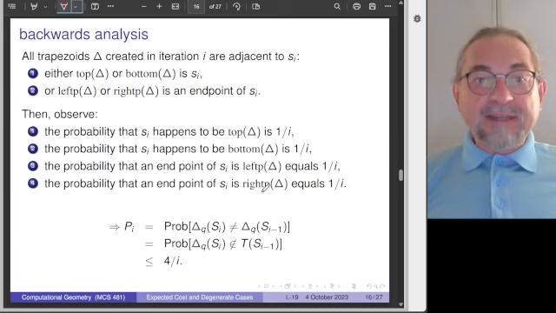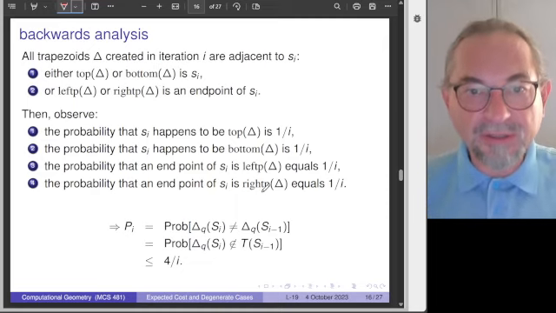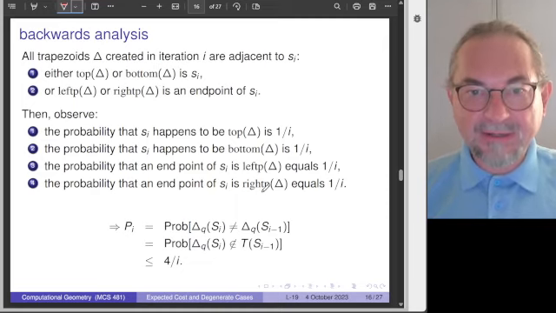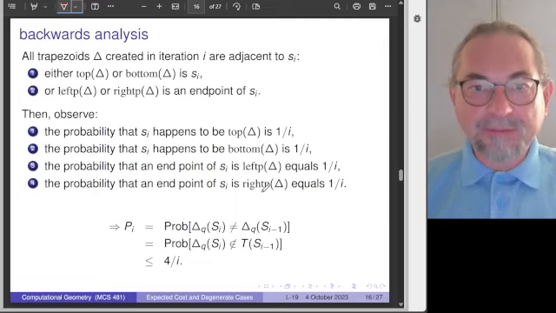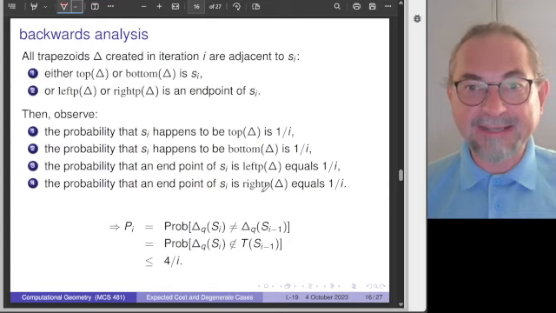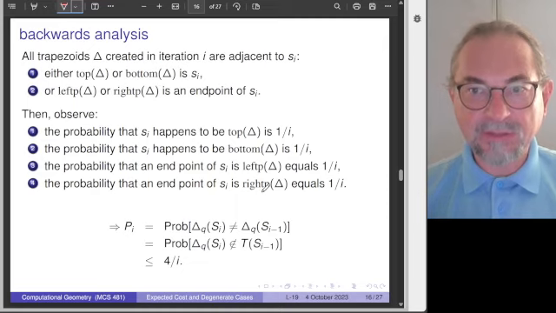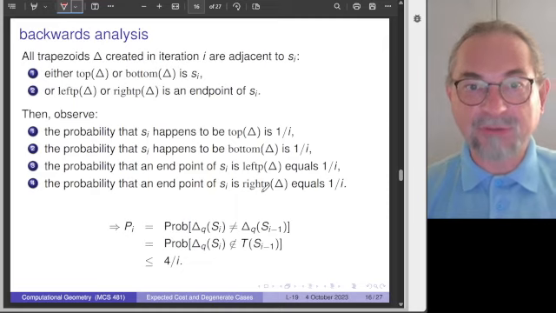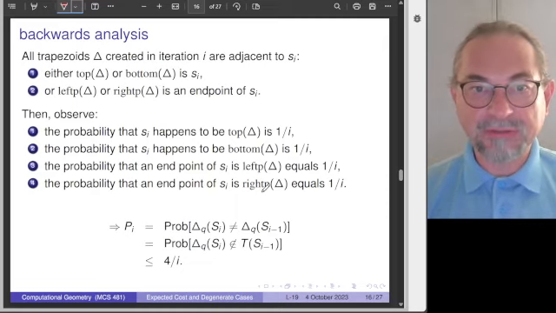Okay, so here's the technique that we applied earlier. This is the backward analysis. So we are looking back. The probability that a trapezoid is created in the ith iteration is related to where the new segment, the ith segment, is located. Well, it's going to be either at the top or the bottom of the new trapezoid.